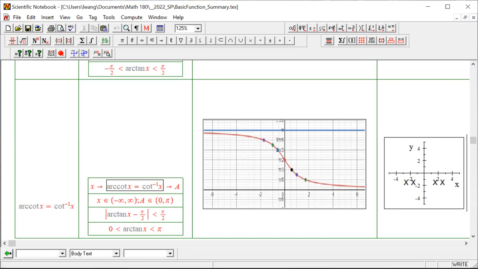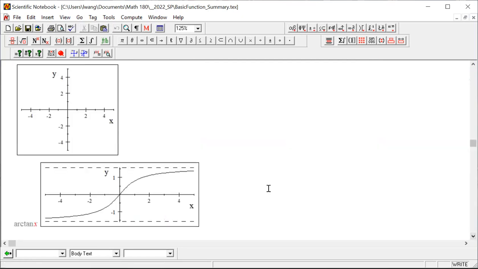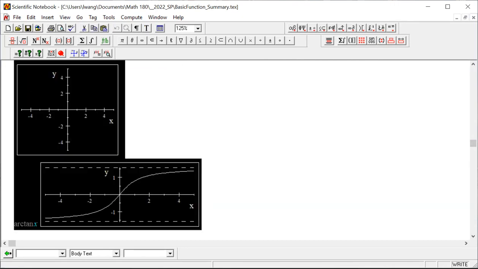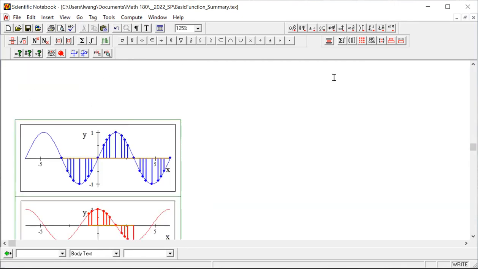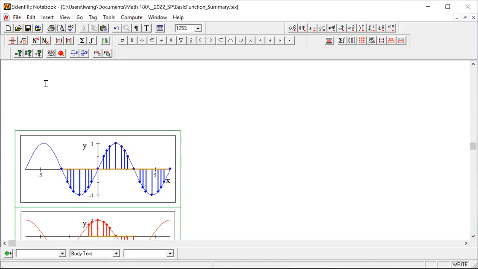So now we have these very basic information. What do we use them for? Well, one of the applications we're going to use them for is to determine domains of more complicated functions.